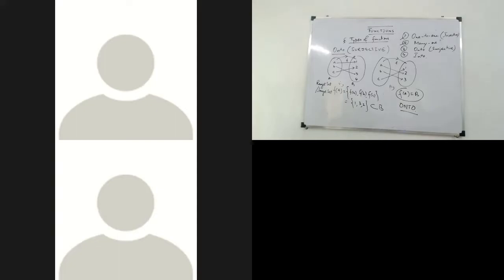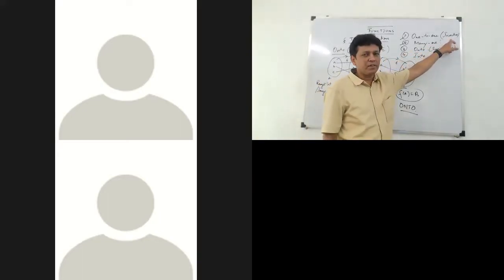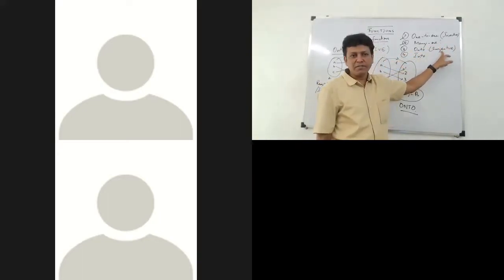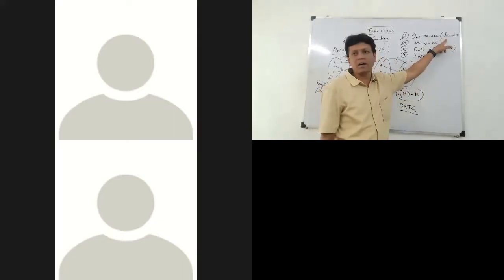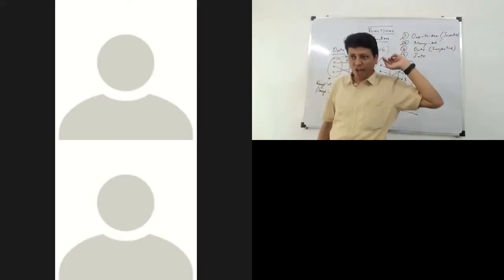So onto is surjective and into is nothing special. Actually, there are two names. 1 to 1 is sometimes called injective. Onto is surjective. If a function is both 1 to 1 and onto, that is called bijective or bijection.